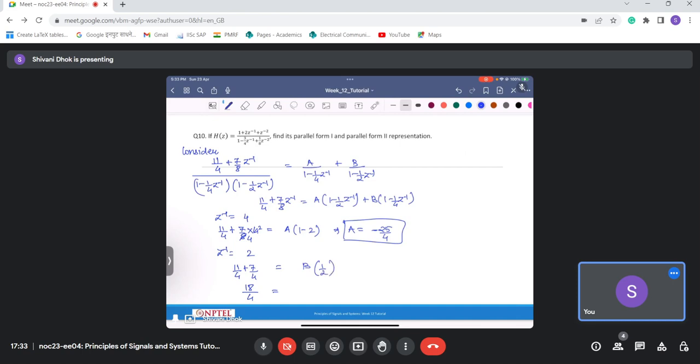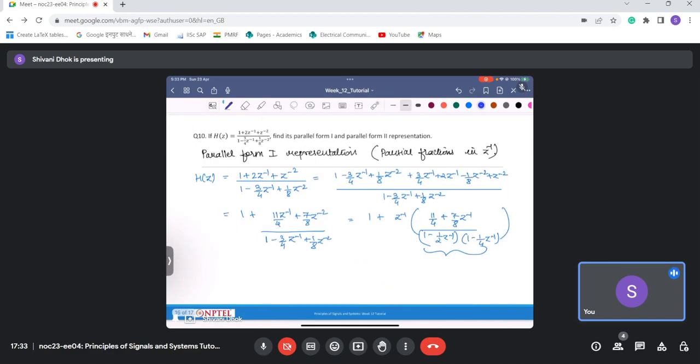Yeah. So this is B by 2. So this comes out to be 9, which means that B equals 9.